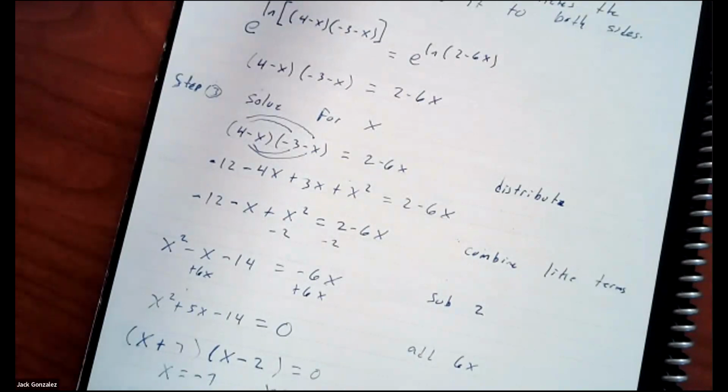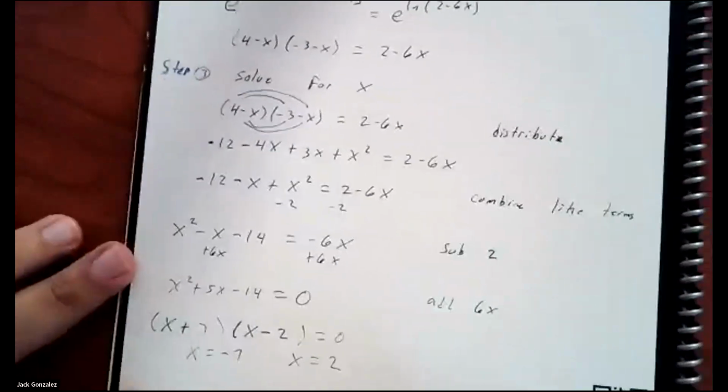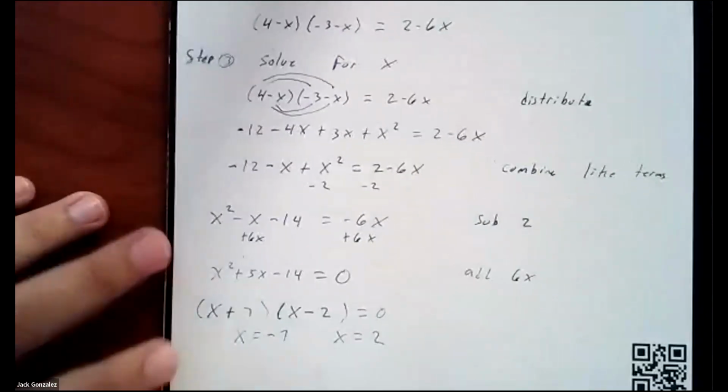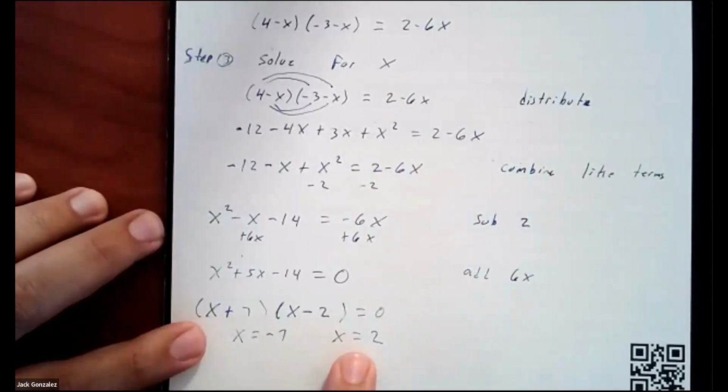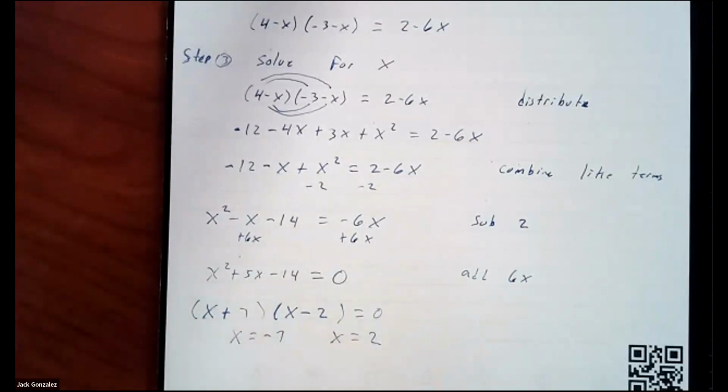If neither works, you say no solution. If only one works, you put just that one. If both work, put both. Anything that causes negatives or zero inside the log, you cannot use.